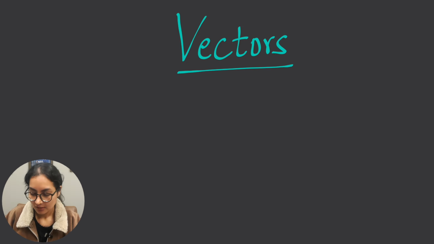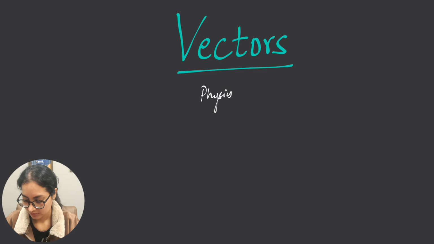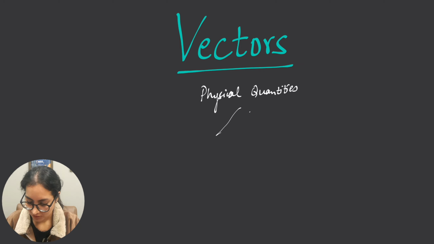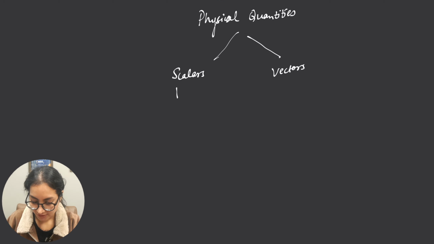So in physics, the physical quantities are divided into two parts: scalars and vectors. Scalars are the quantities that have magnitude only.